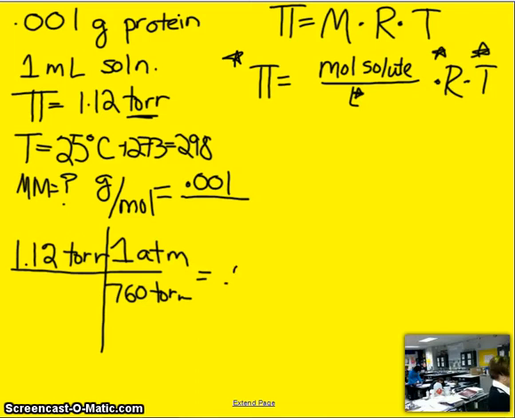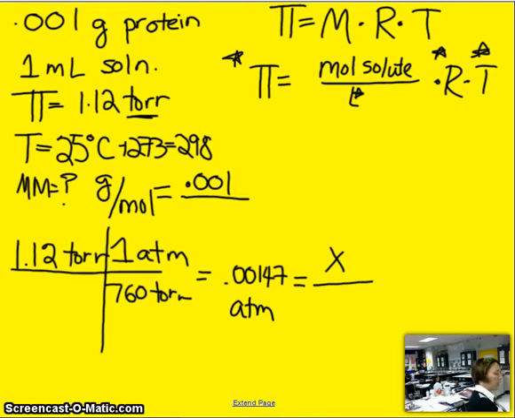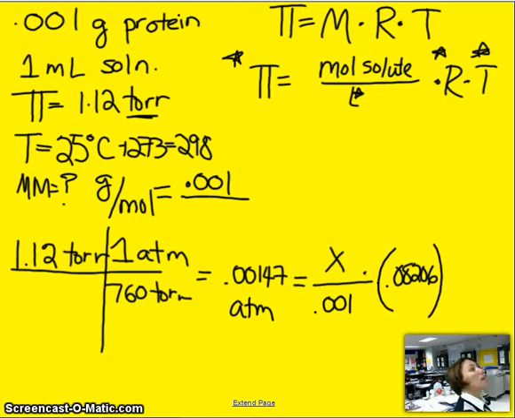Our pressure is 0.00147 atmospheres. That is going to equal the moles of solute over the liters of solution. I had a milliliter, so that's 0.001 liters, times your R, which is 0.08206 liter atmospheres per kelvin mole, times your T, which is 298 Kelvin.